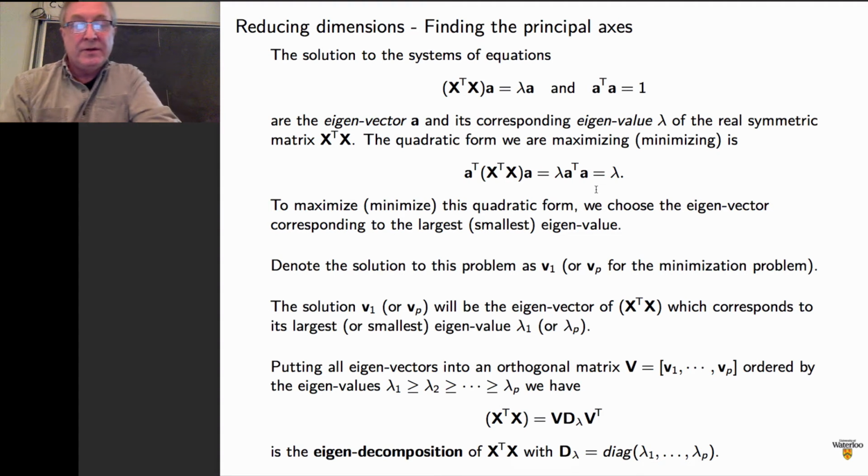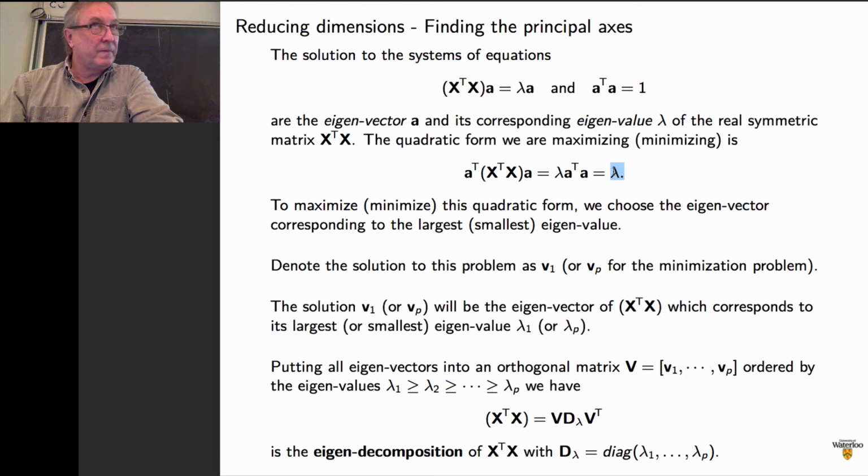Because I remind you that the size of this projection is equal to lambda. So if I want to maximize that, I want the biggest eigenvalue. If I want to minimize it, I want the smallest eigenvalue.